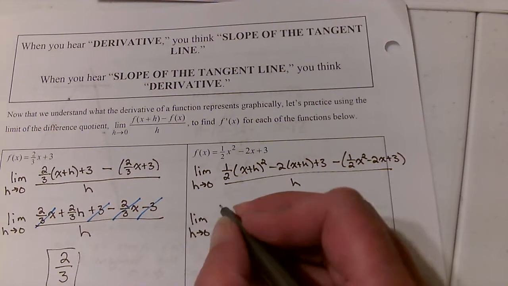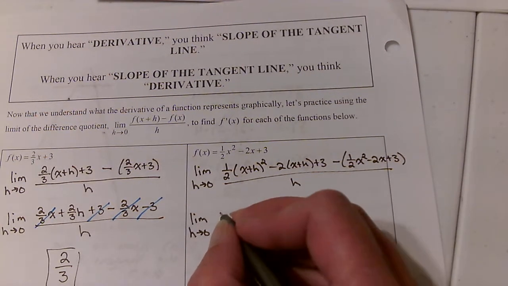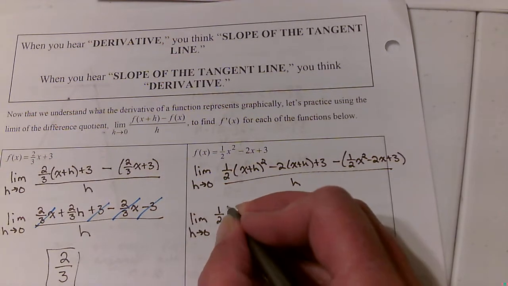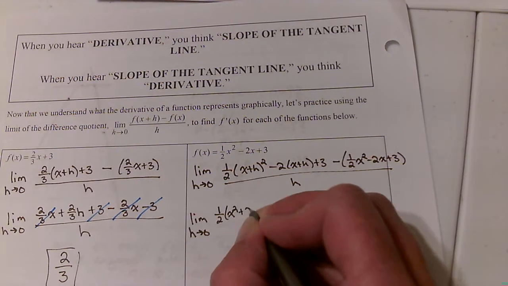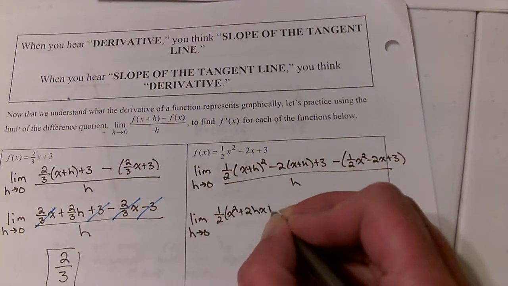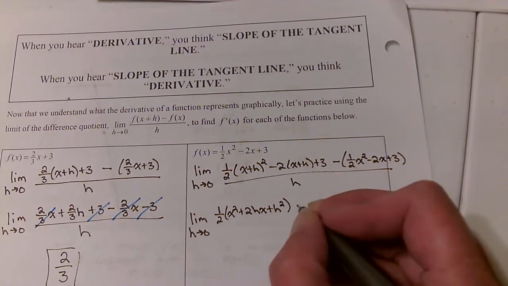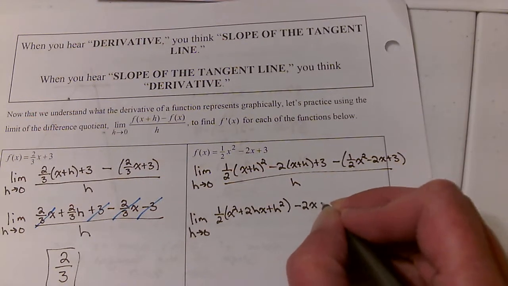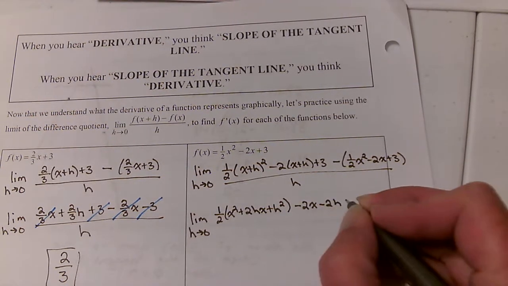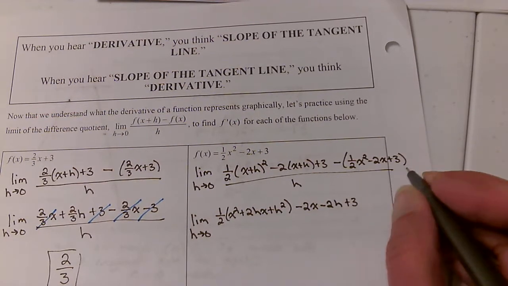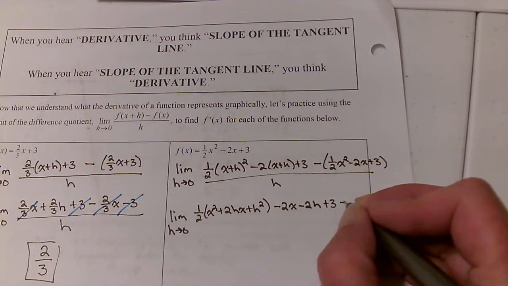X plus h squared, we just did that on the other page. I think that was x squared plus 2hx plus h squared. Distribute the negative 2 plus 3. Distribute the negative 1 here.